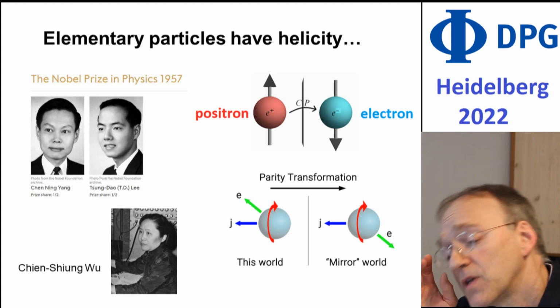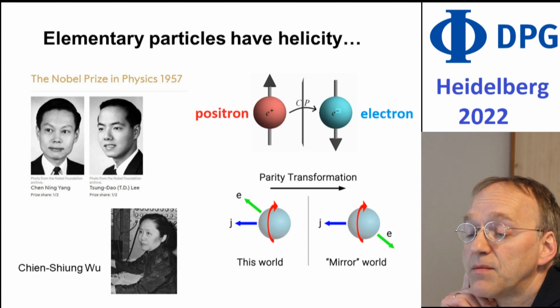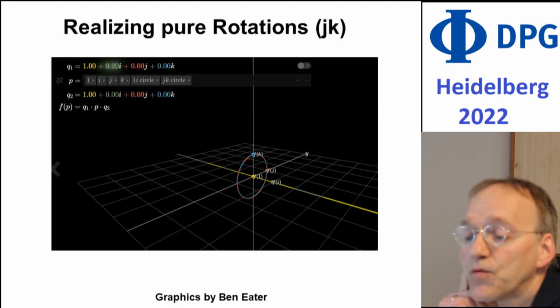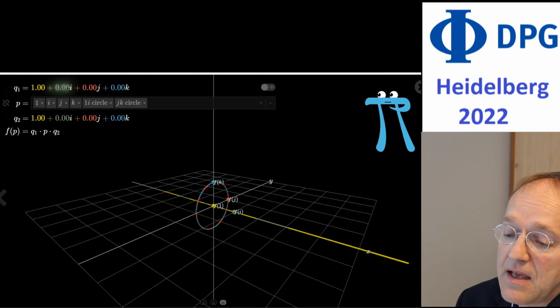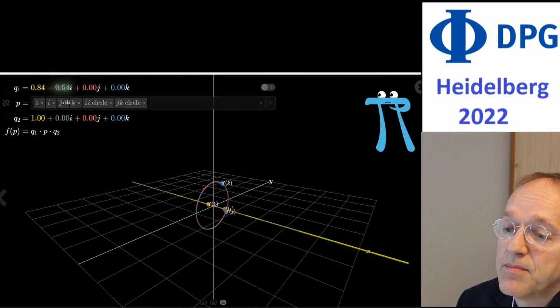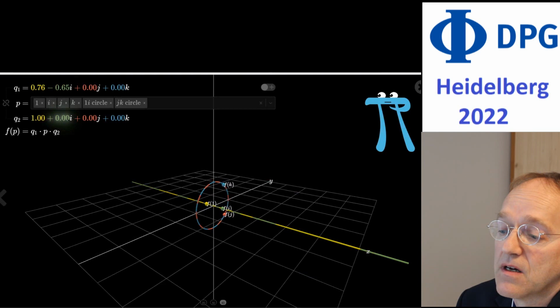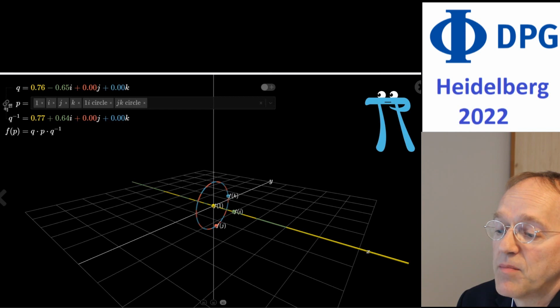And now we are considering general multiplications. First of all, I show that by applying left-hand and right-hand multiplication with the complex conjugate, I can generate pure rotations. You note here that I multiply from the right-hand side with the complex conjugate.